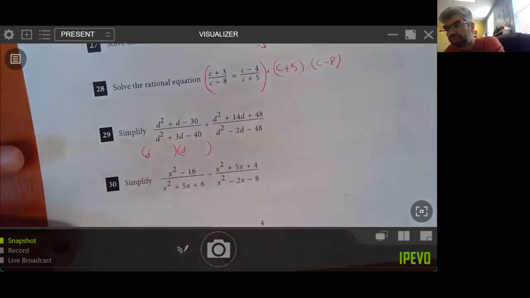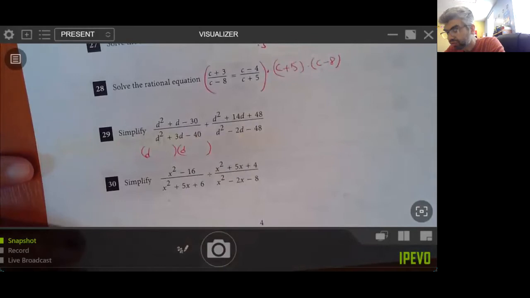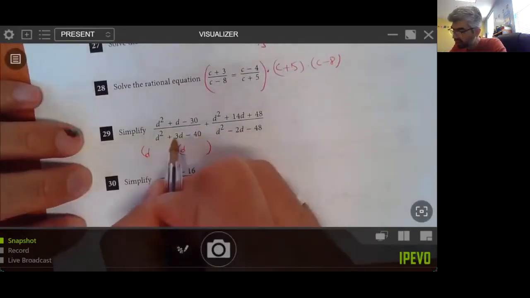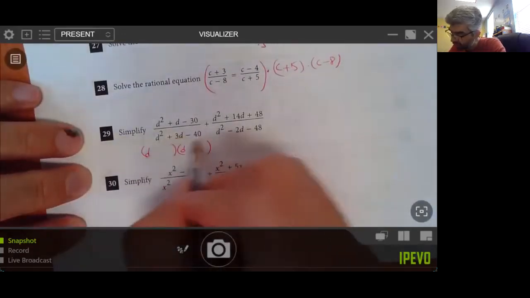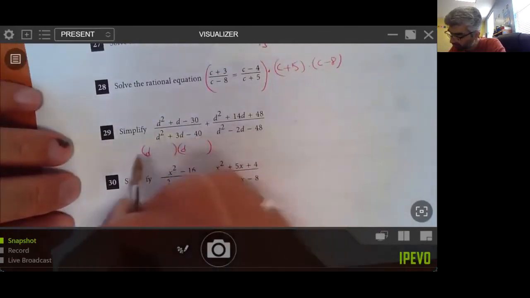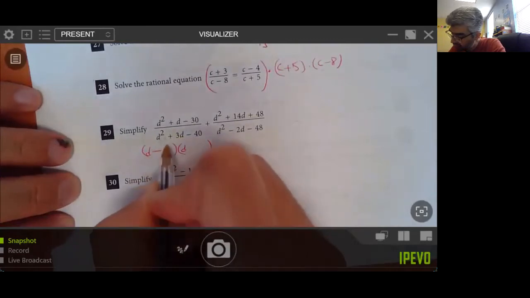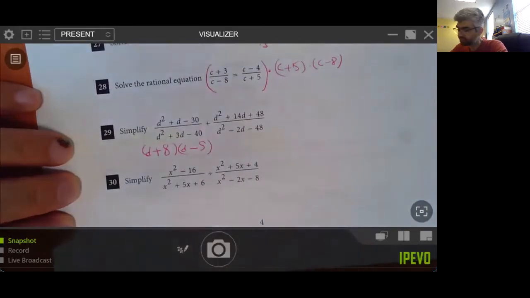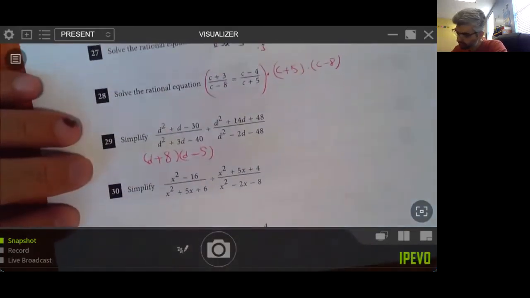That is 4 times 10, or 8 times 5. Yeah, 8 times 5 is good because the difference is 3, right? Since it is plus and the product is negative, plus 8 minus 5. Okay? 8 times 5 is negative 40.